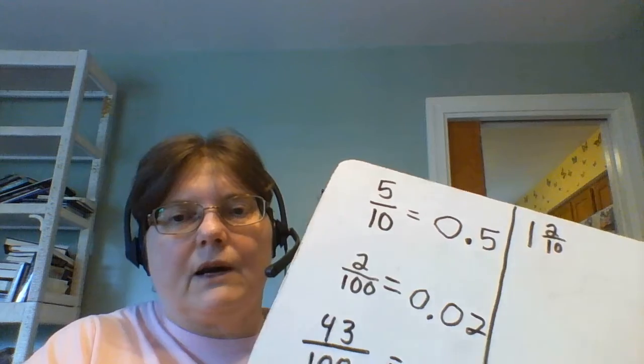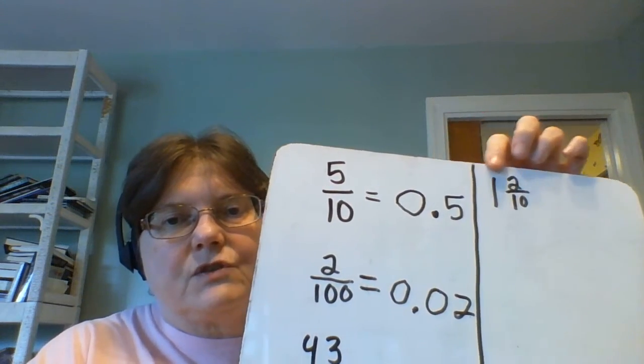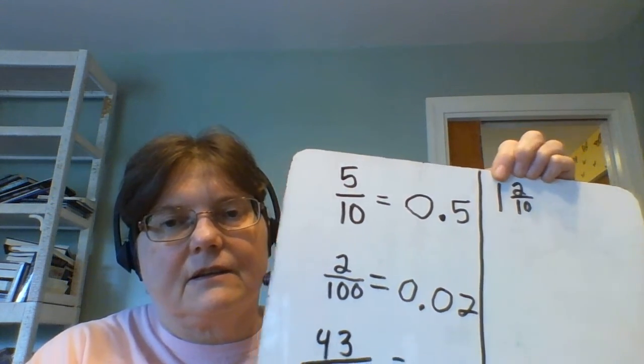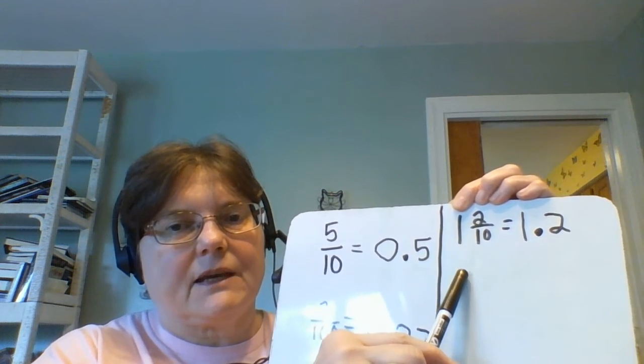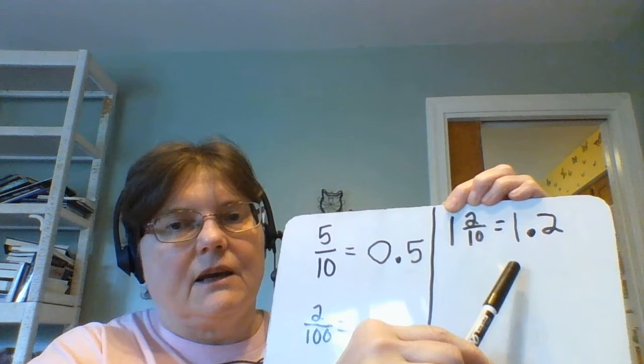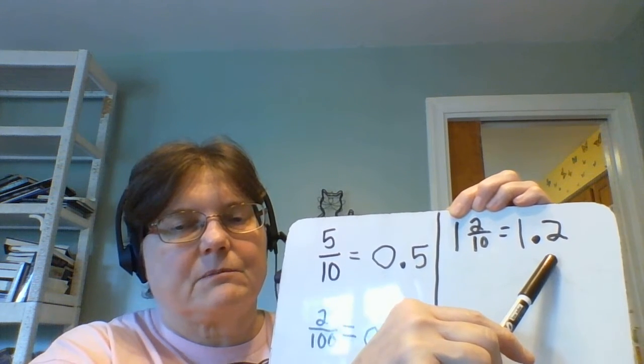What about 1 2/10? 1 2/10 is going to be 1.2. There's a 1 in the ones place and a 2 in the tenths place.